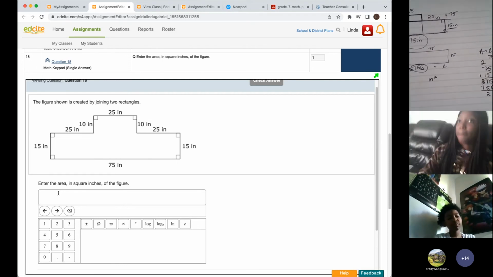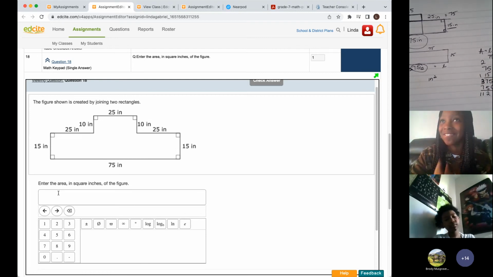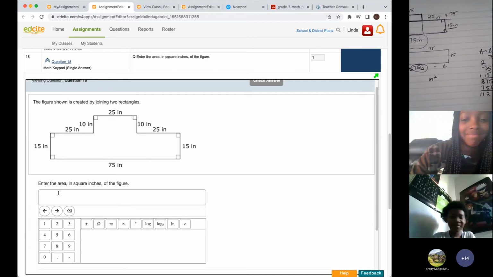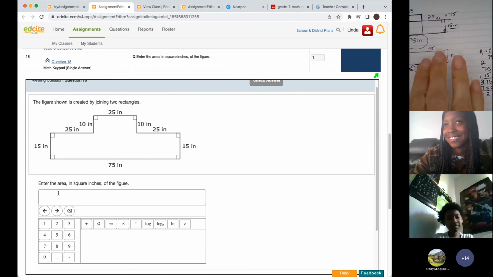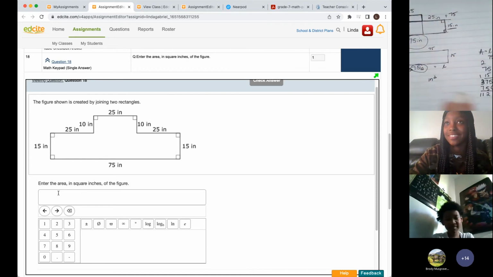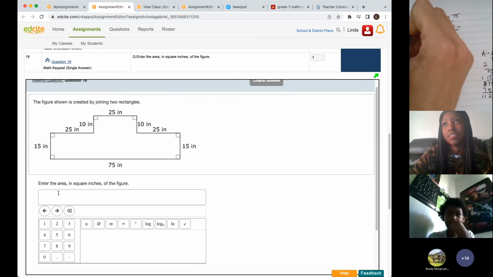Carry the 1. 3 plus 7 plus 1 is 11. So I have 1,125 inches squared for my first area. But I have more. I'm not going to put that as my answer, right? Because I still have a whole other rectangle right here I need to finish.